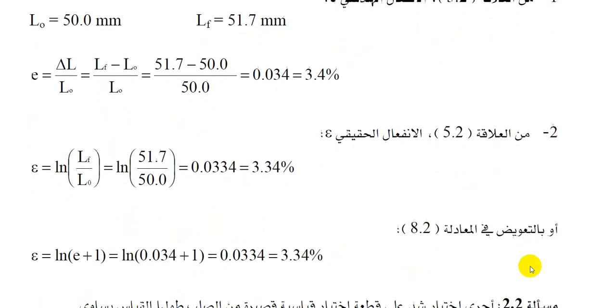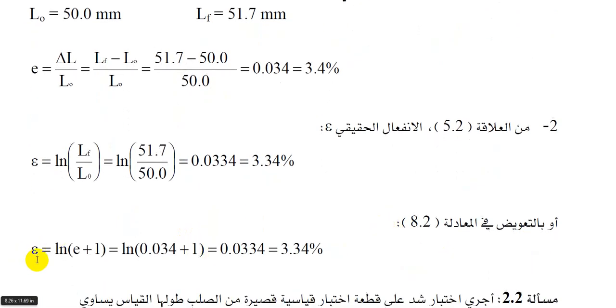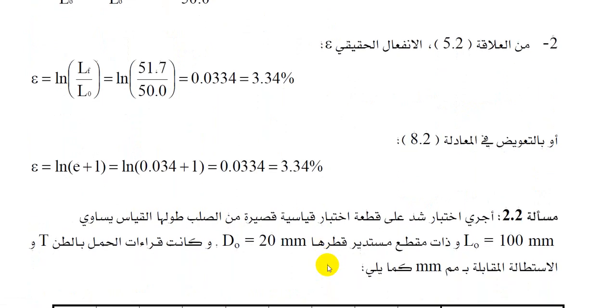Or by evaluating in equation 8.2 directly, epsilon equals ln of E plus 1. This equation is the correlation between the engineering nominal strain, indicated by the letter E, and epsilon, the true strain, equals ln of 0.03 plus 1, equals 0.033, equals 3.3%, as you can see right in front of you.